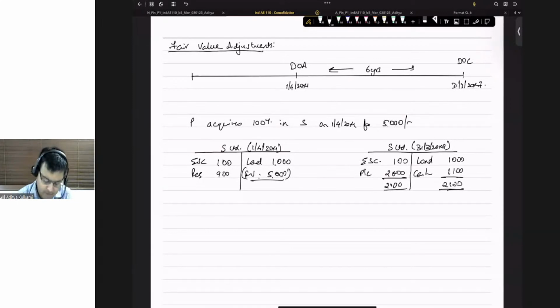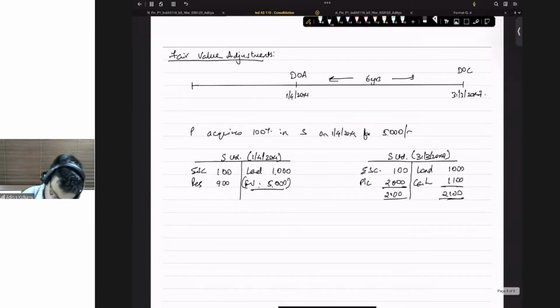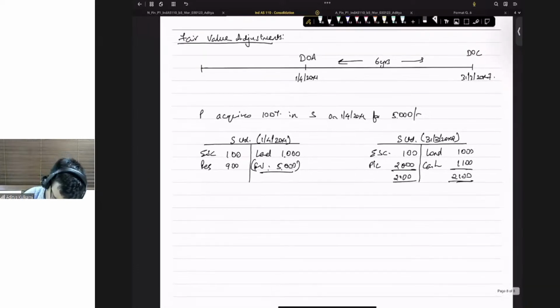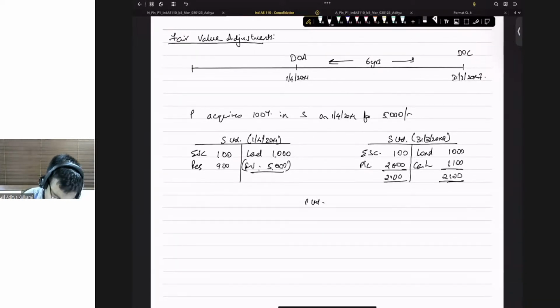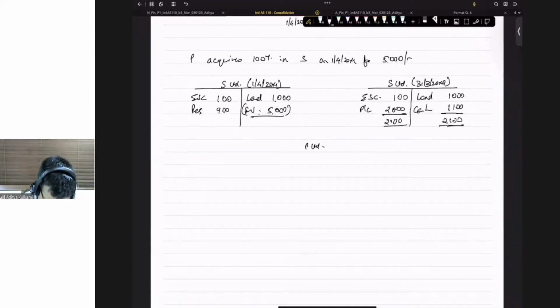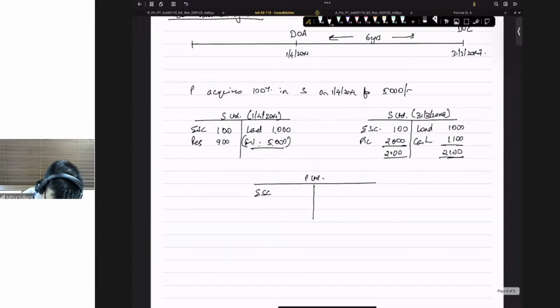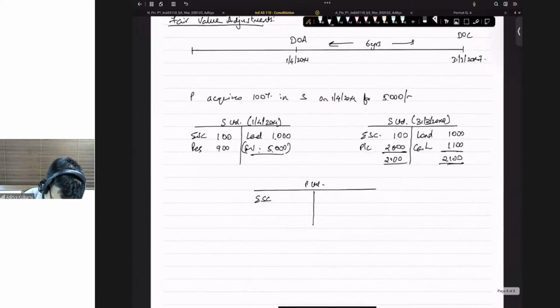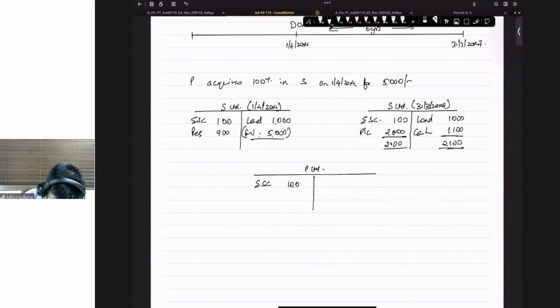P Limited's balance sheet in both the cases looks something like this. I'm keeping it easy. No transactions in P Limited. Investment 5,000, equity share capital 10,000, bank 5,000.